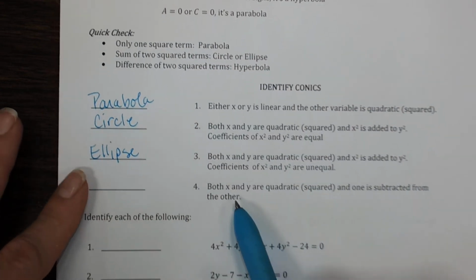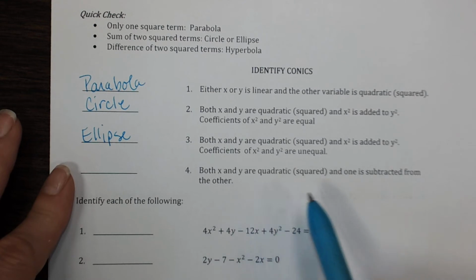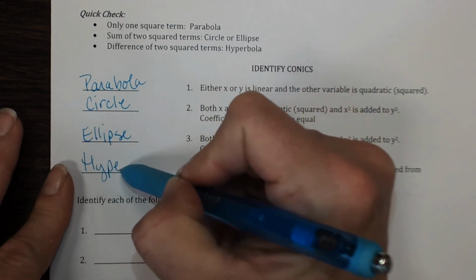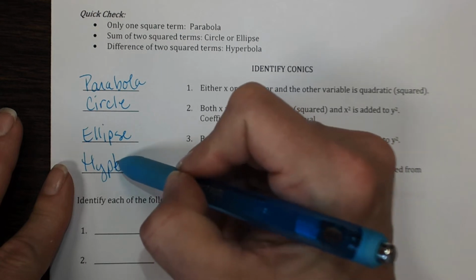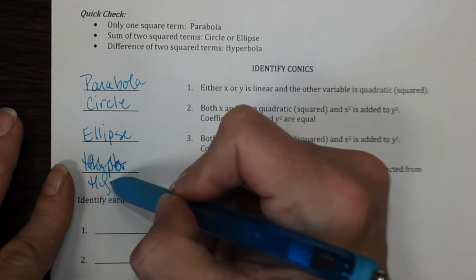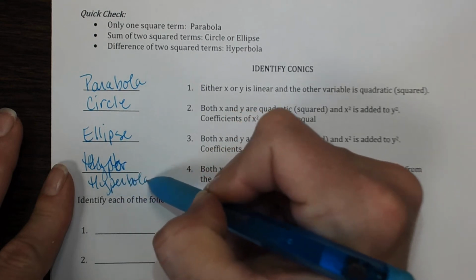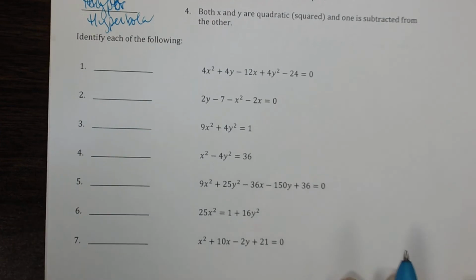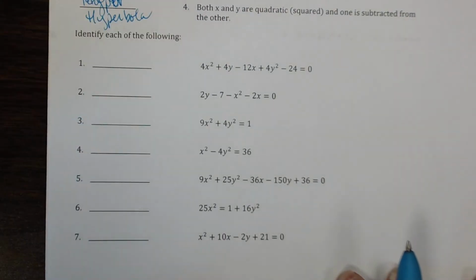And so finally, if we have quadratic terms and they're subtracted, then that is our hyperbola. Oops, forgot, I can't spell today. Hyperbola. Okay.